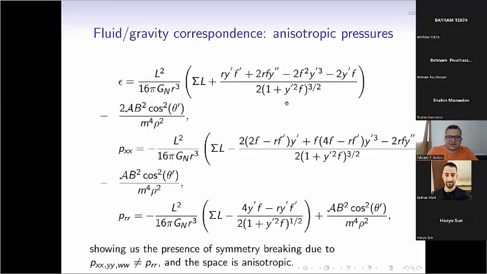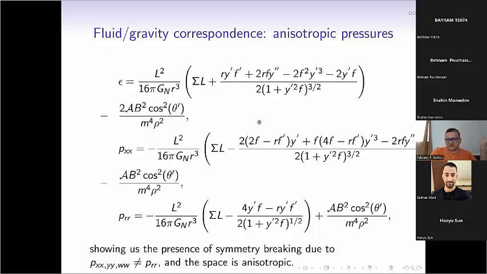Okay, another way to check if our results are in good agreement with the other ways to describe the quark plasma is through the fluid gravity correspondence, right? When we analyze the anisotropic pressures. Of course, we have a breaking of the conformal symmetry, right?